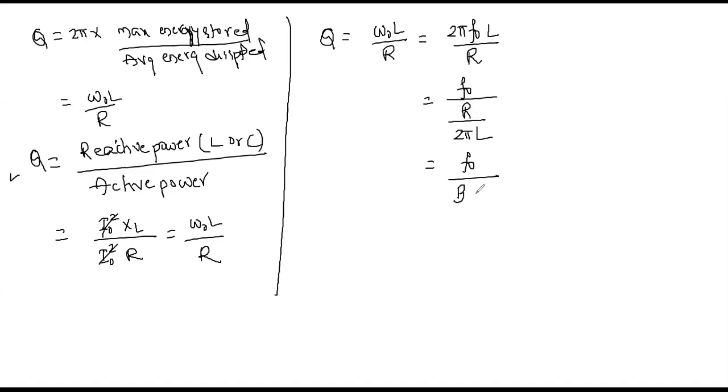So you can write this as bandwidth. Now the relation between quality factor, resonant frequency, and bandwidth is: quality factor equals resonant frequency by bandwidth. This is the relation.